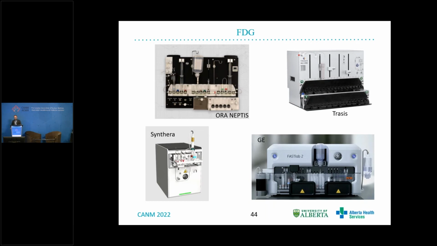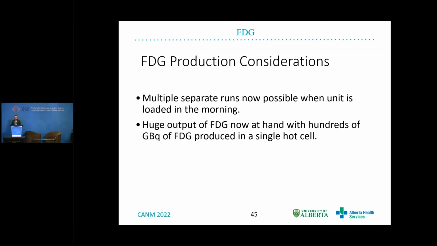Synthera has a similar thing where you can remotely switch cassettes on the unit. It's an automatic cassette switching. So multiple separate runs is now possible when the unit is loaded in the morning. We have a potential of a huge output of FDG.